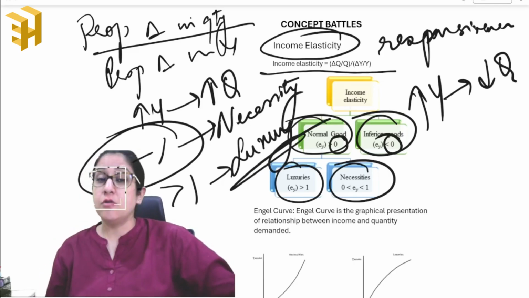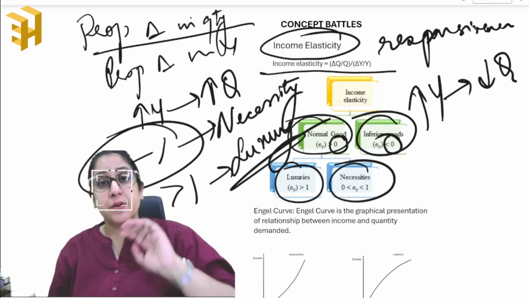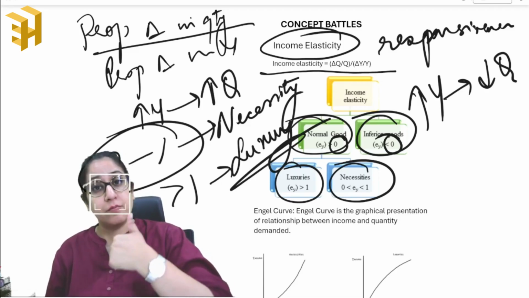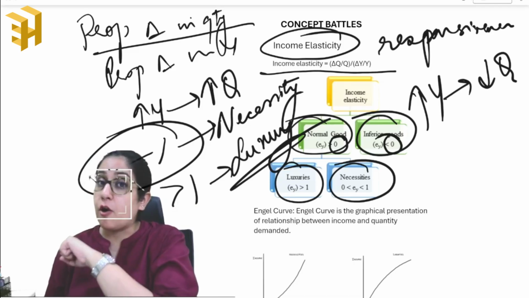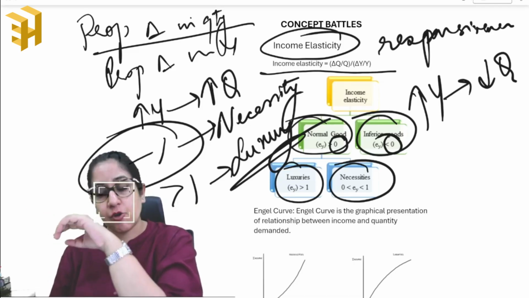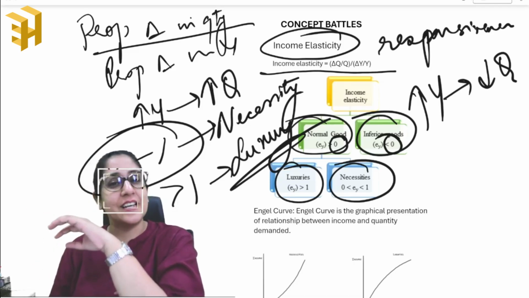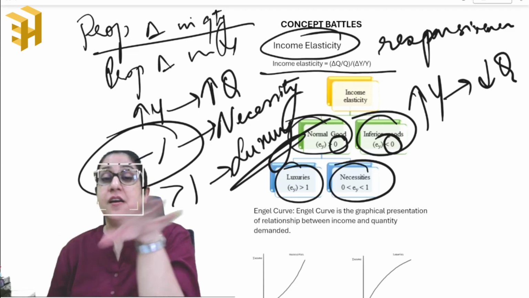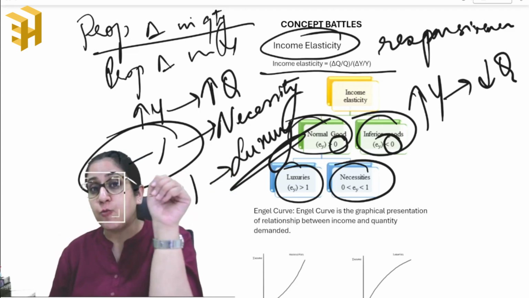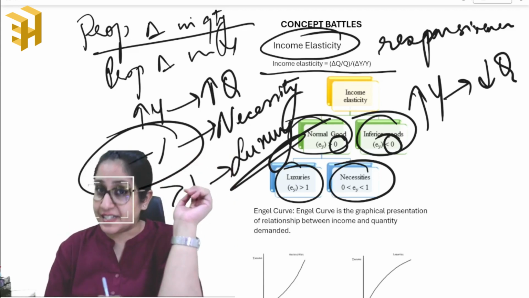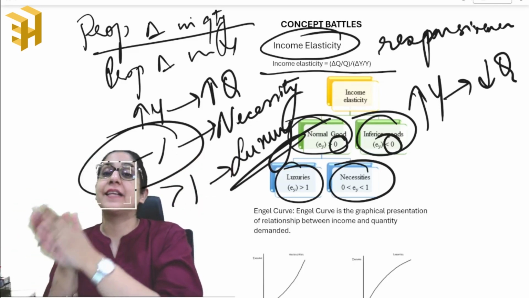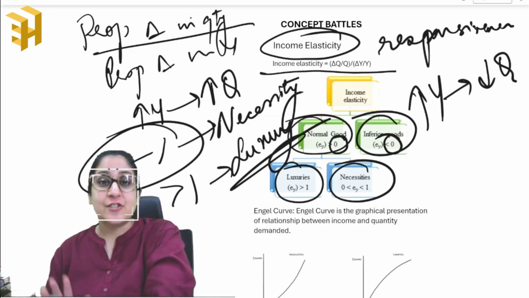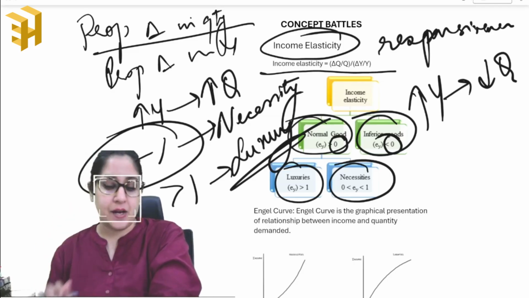Okay, so the things that we need to remember: value above 0 would imply that the good is a normal good. Value below 0 would imply the good is an inferior good, right? Value between 0 and 1 would imply a good is a necessity, and the value more than 1 would imply that the good is a luxury. So that is your income elasticity.